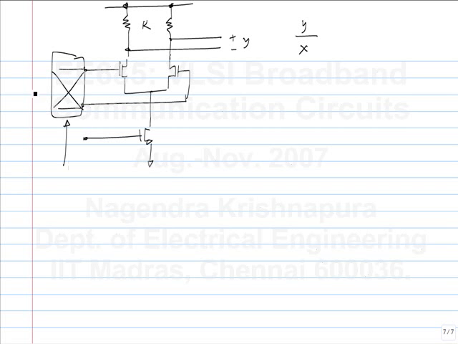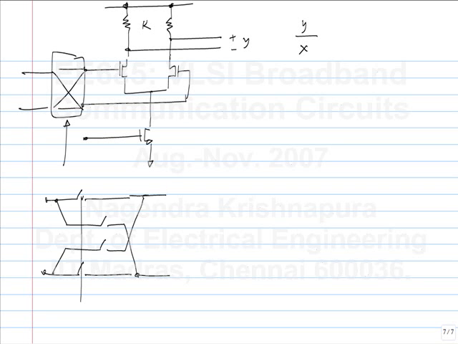So, based on some control, it applies the input directly or the same thing flipped. So, that I can do potentially with 4 switches. If these 2 switches are on, I get the direct connection. And if these 2 switches are on, I get the cross connection. Okay. So, this can be some control C or let's say D and D bar. Okay. So, this can be done.